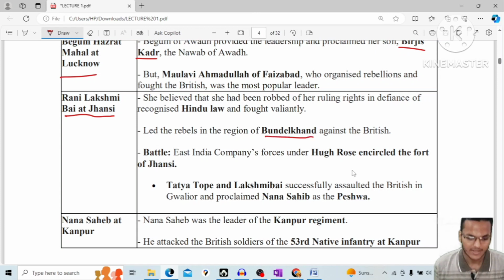Bundelkhand is an important area. So Rani Lakshmibai led the battle in the Bundelkhand area.